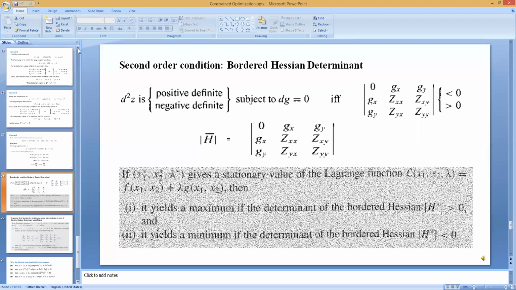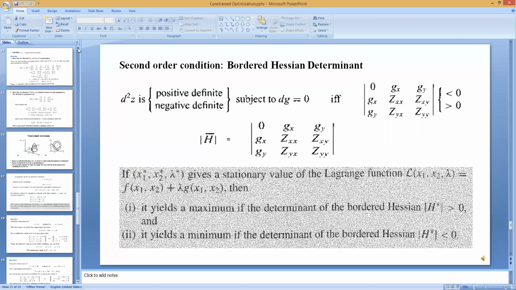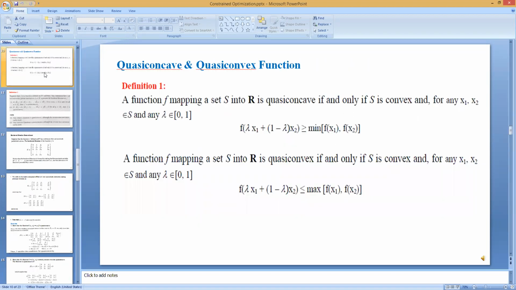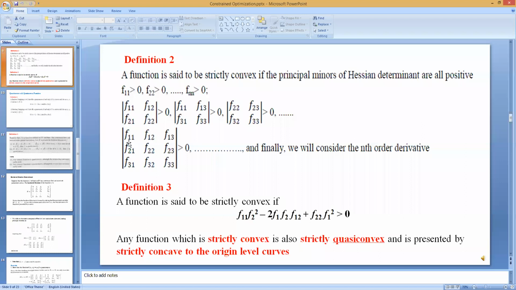So for strict convexity, f2 is greater than 0 and the second expression is greater than 0.